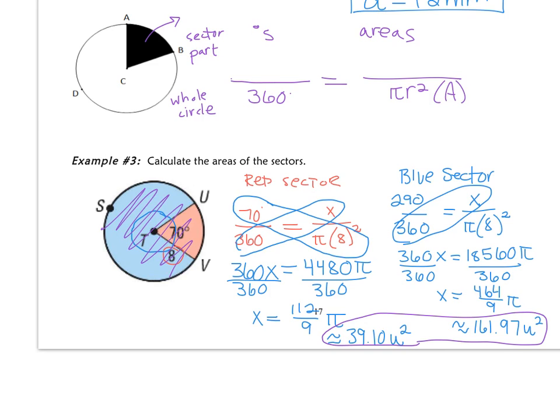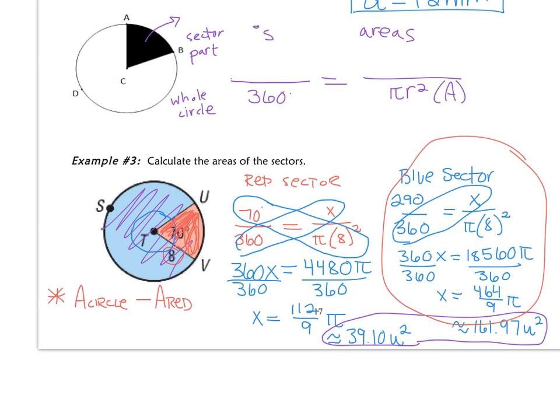Secondly, another way I could have done this problem is once I found the area of the red sector here, instead of setting up this whole proportion and doing all this for the blue sector, what I could have done is taken the area of the circle by doing pi r squared and subtracting the area of the red sector. So there's a few ways you could do this. I personally would do this way, just because it's faster to do pi r squared minus 39.10 or even minus 112 over 9 pi.